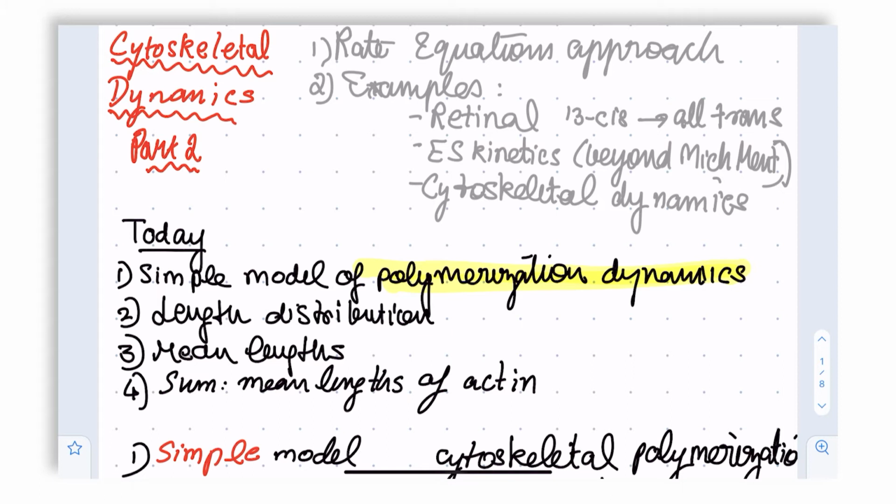And those two results that I'm going to discuss for this particular part are the distribution of the lengths and the mean values of the lengths, and we'll use the expression that we get from it to actually calculate the mean lengths of actin. So let's get to it.